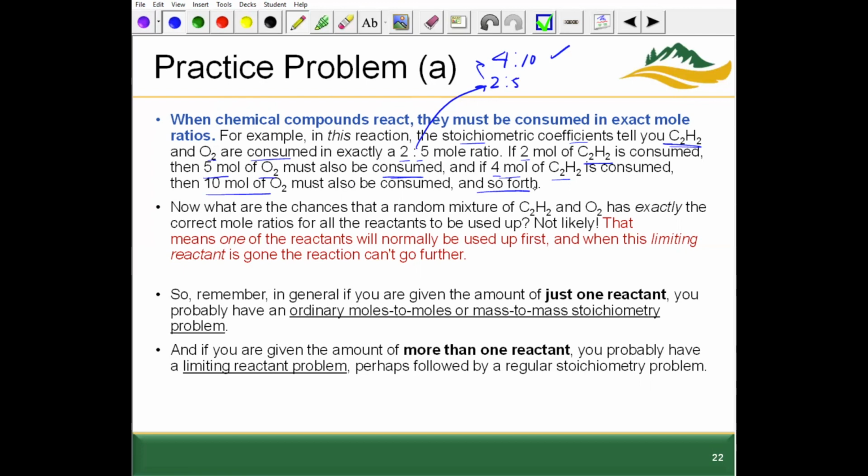Now, a way to think about limiting reactants is what are the chances that a random mixture of C2H2 and O2 have exactly the correct mole ratios for all the reactants to be used up exactly at the same time?